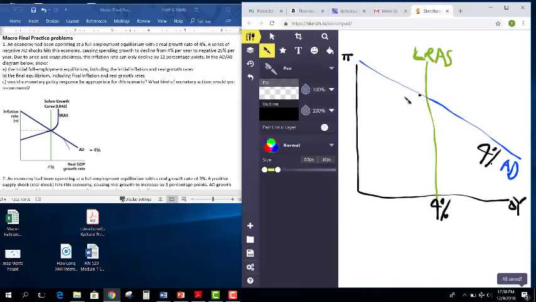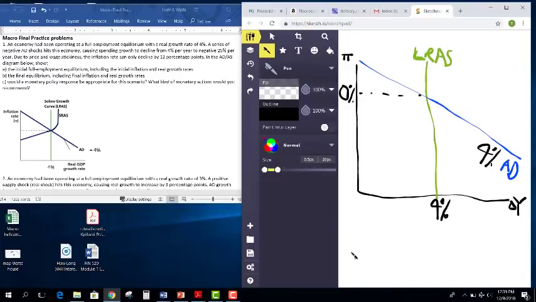Therefore, what's our inflation rate starting off? Well, spending 4% more and getting 4% more output, you should remember that that leaves 0%. So there's not going to be higher prices because all of our extra spending goes to extra output, right? And you want to remember, we're always using this equation.